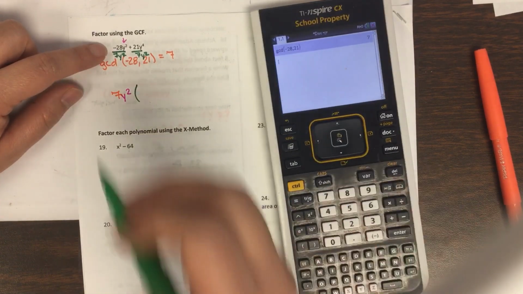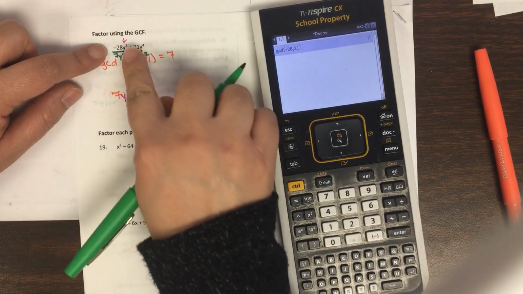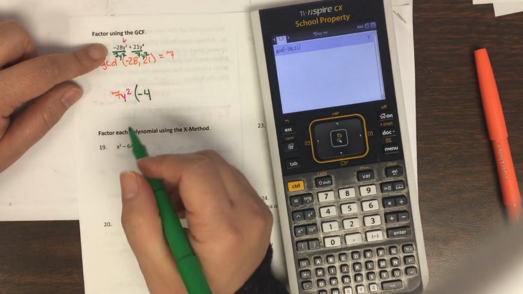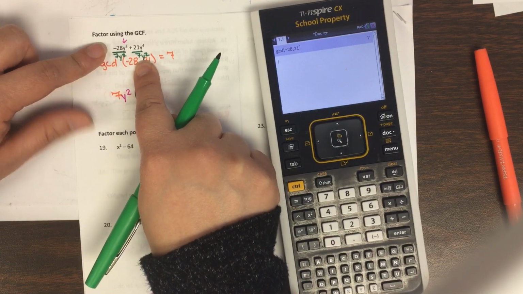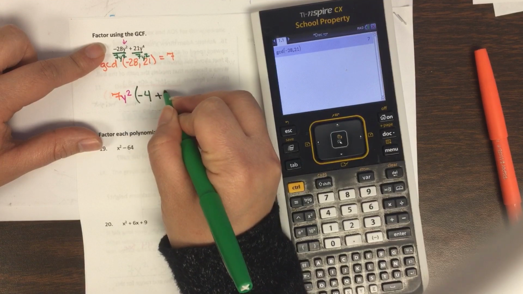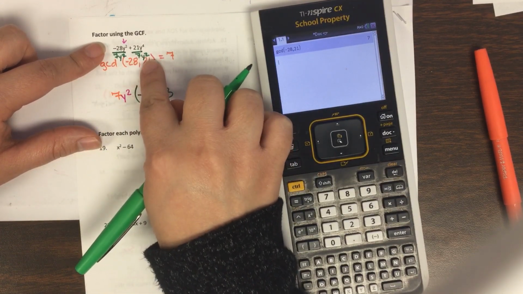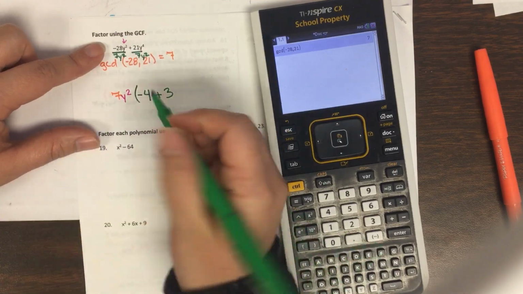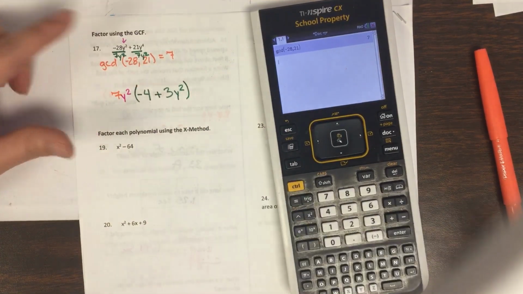Negative 28 divided by 7 becomes a negative 4, and then the y squares cancel out. 21y to the 4th divided by 7y squared. That 21 over 7 becomes a 3. It's positive, so I include my plus sign. Y to the 4th divided by y squared. The rule is to subtract those exponents, so I get y squared, and I have my answer.